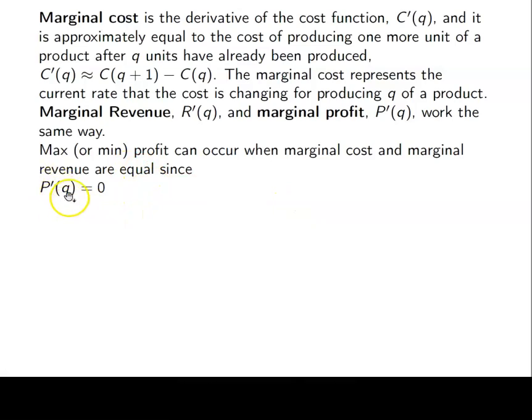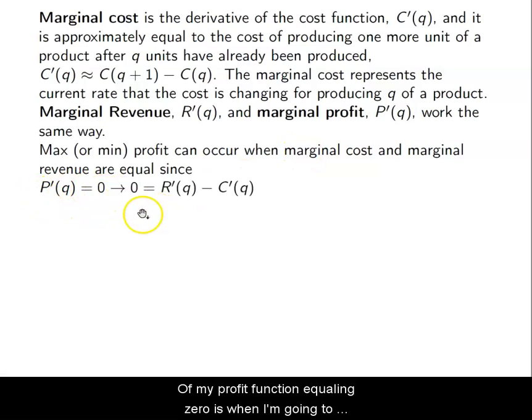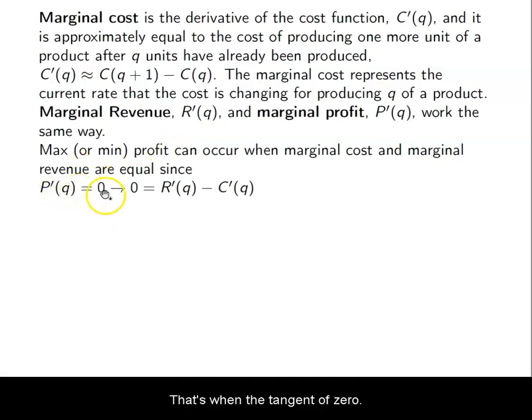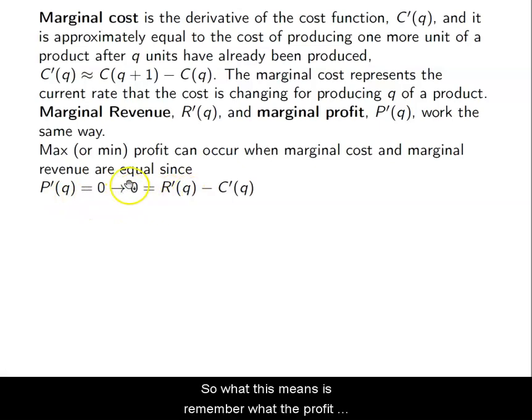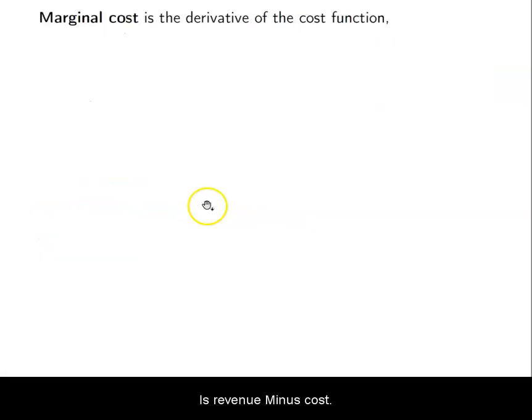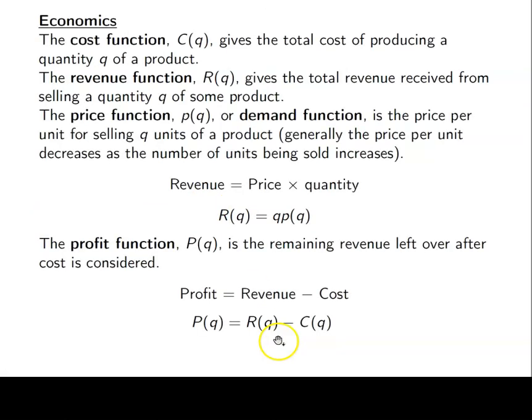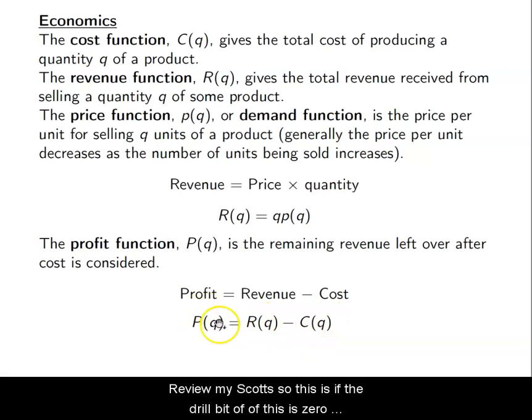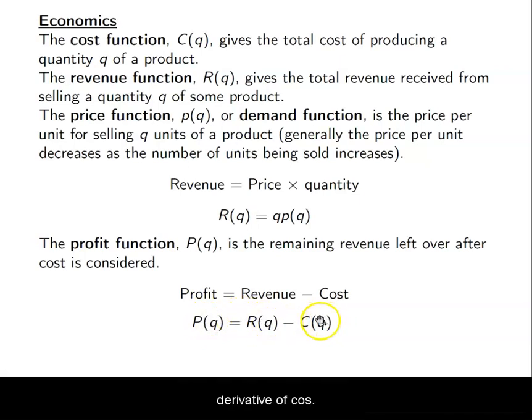So the derivative of my profit function equaling 0 is when I'm going to have a max or min, as we've seen before, because that's when the tangent has a slope of 0. Remember, the profit function is revenue minus cost. So the derivative of profit is the derivative of revenue minus the derivative of cost.